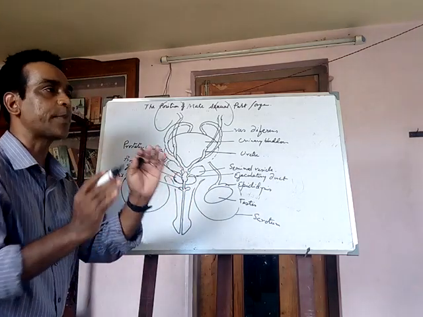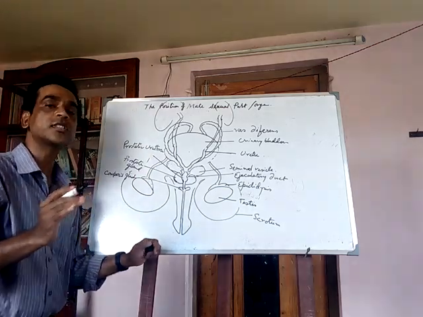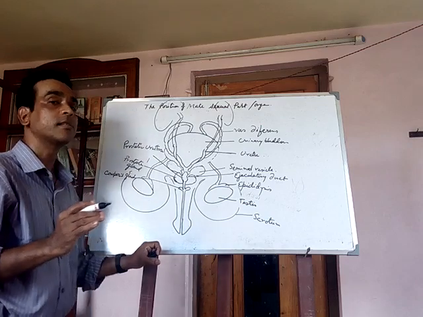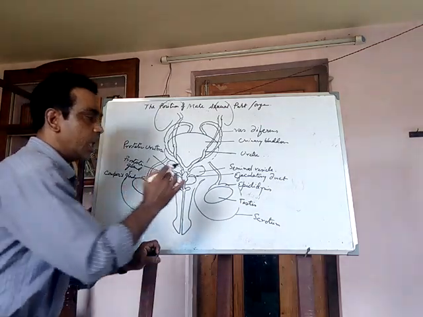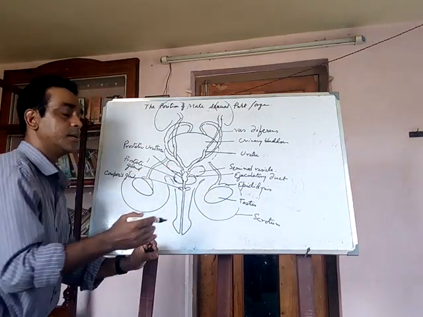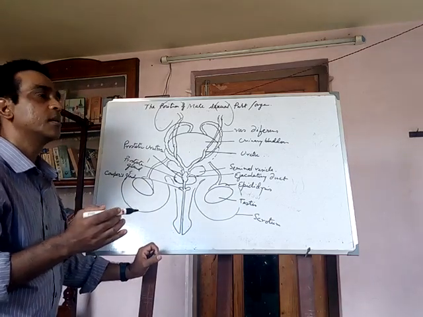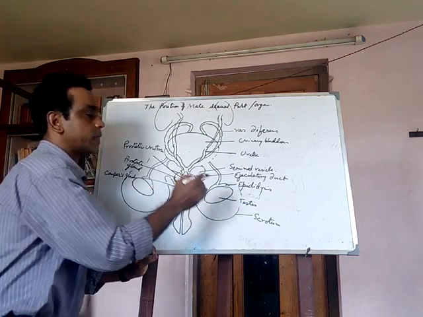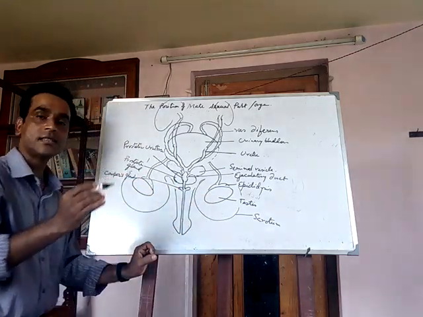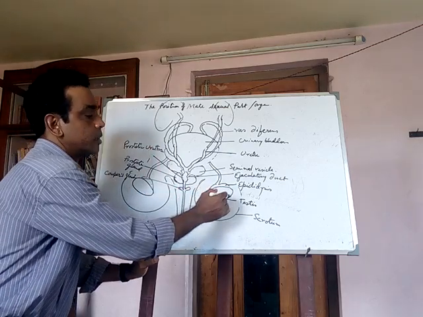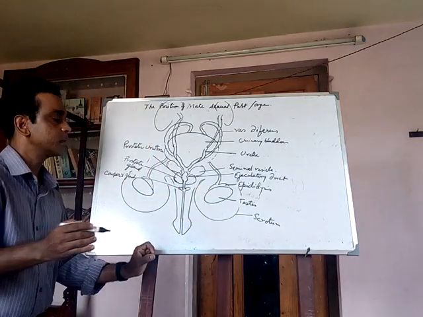In between the visceral and parietal layers some fluid forms, which is called hydrocele fluid. The formation of this fluid is controlled by the secretion of these cells.